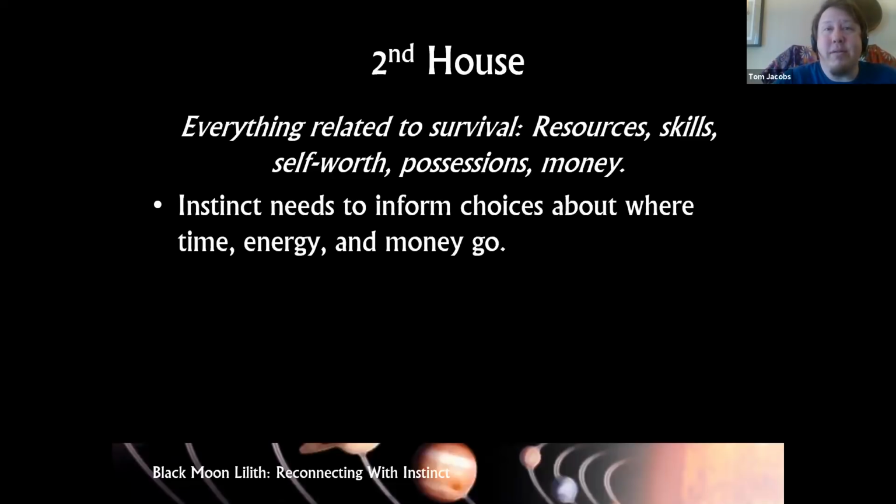You might say, I've wasted so much time on this project, or I've invested so much energy into this thing. These are resources. So you need to be autonomous if you have True Black Moon Lilith in the second house. No matter what others say or expect, you need to choose instinctively, even if it looks impulsive, how you use your time, energy, money, and resources.